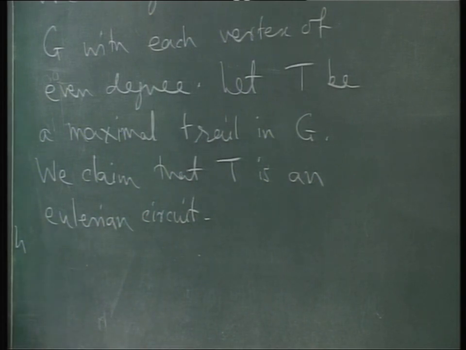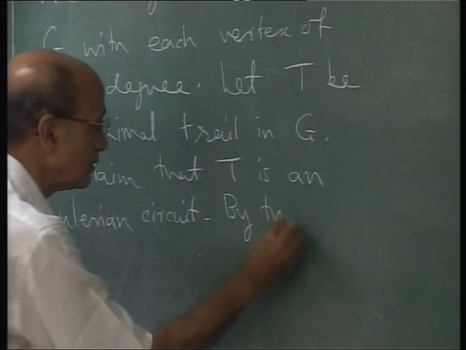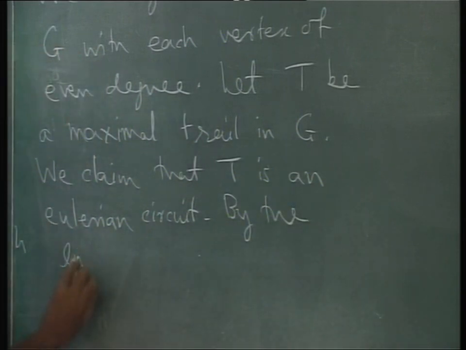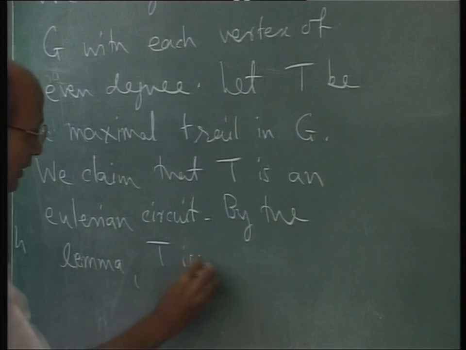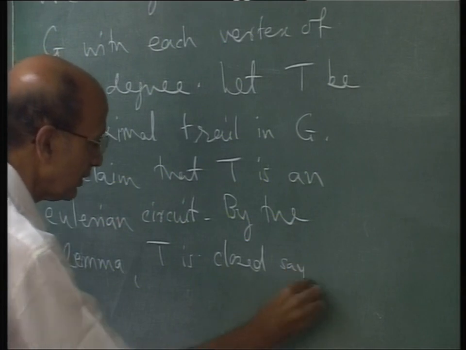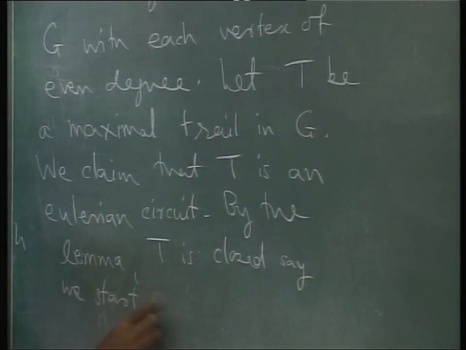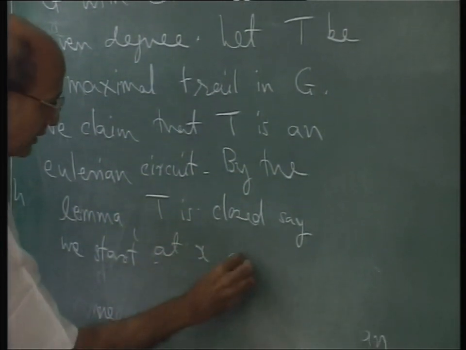Therefore, you begin at a vertex, come back to the same vertex. By the lemma, T is closed. See, we start at X and end at X.